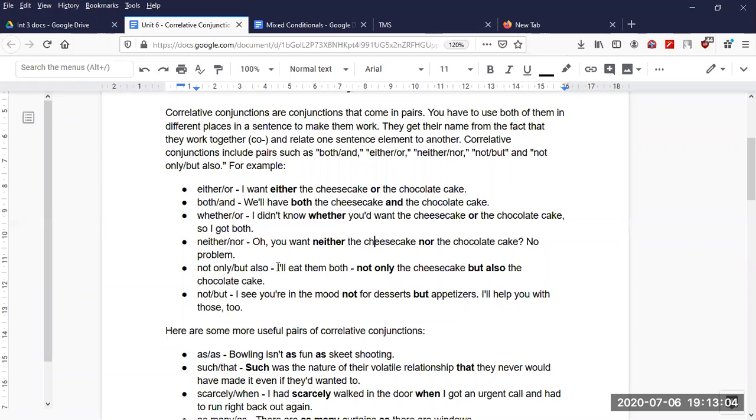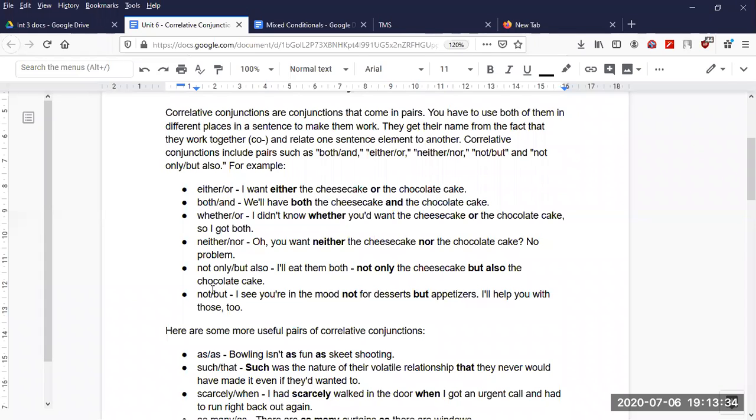Not only, but also, I think this is in the platform, so I'll eat them both. Not only the cheesecake, but also the chocolate cake. So this is when we're saying it won't just be this one. It will also be the other one. And not and but, I'm not sure this is in the platform.